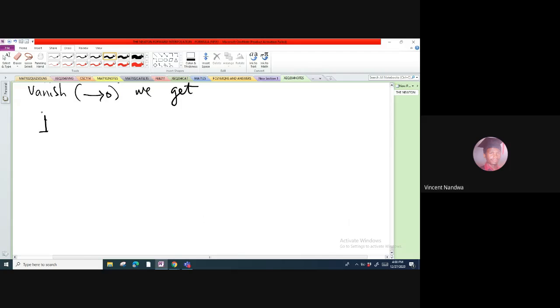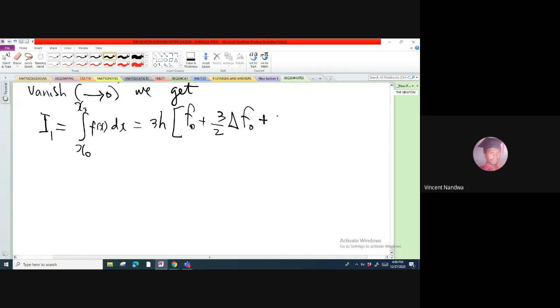so the first integral I1 from x0 to x3 of f of x dx will be given by 3h into f0 plus 3/2 ... Remember, all these things we are getting from the formula of 3, one over 8.